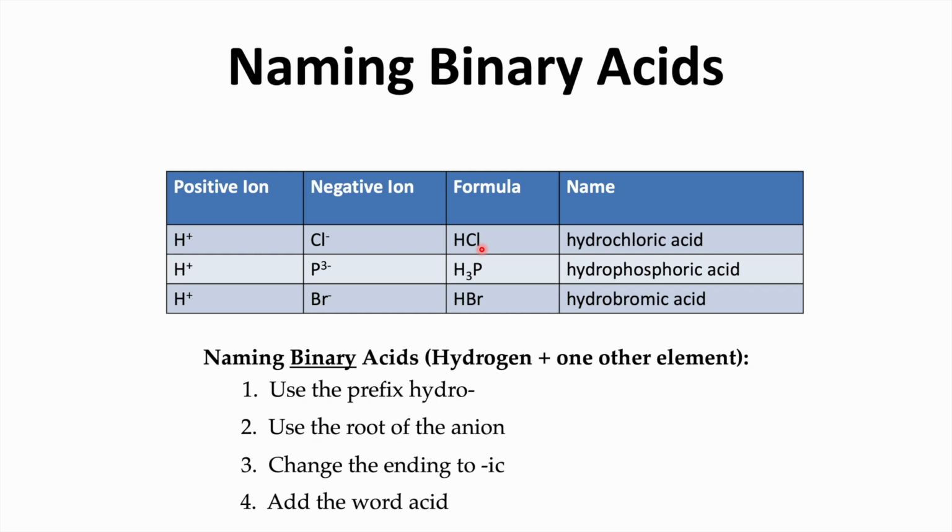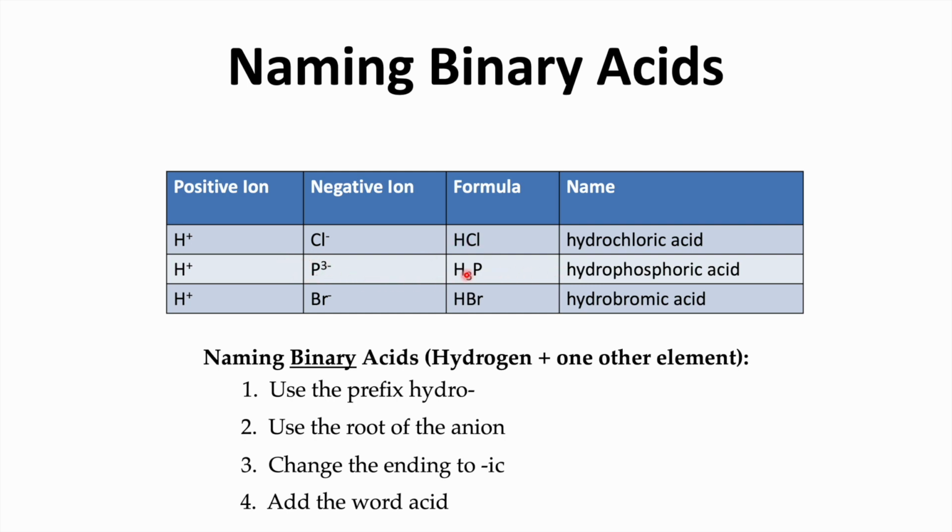So for example, the negative ion in this first one is Cl, that's chloride. So chlor is the root of the anion name. We add the prefix hydro and change the ending to IC. So it becomes hydrochloric acid. Same thing with our second example. The P-3 ion, phosphide.